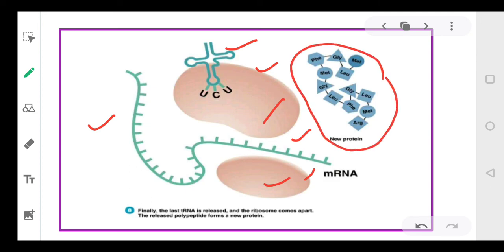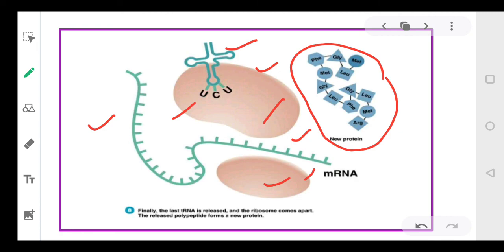So a protein is nothing but a chain of amino acids. So what is a protein? A chain of amino acids. Now the initiator complex that was assembled will separate. Each component will dissociate, and once the ribosomal units separate, they will not be active.